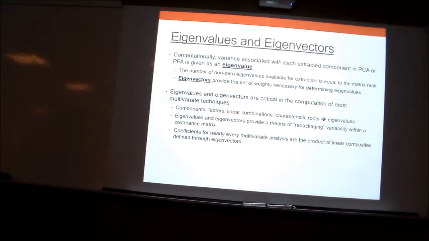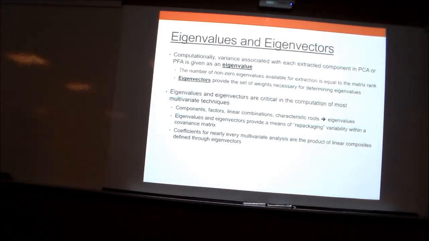Know that if you've ever done other types of multivariate techniques, things like MANOVA or discriminant function analyses, it's all using the same thing. We just call it different things. In PCA we call it components, in PFA we call it factors, and we talk about characteristic roots in discriminant function analyses. It's all the same thing.